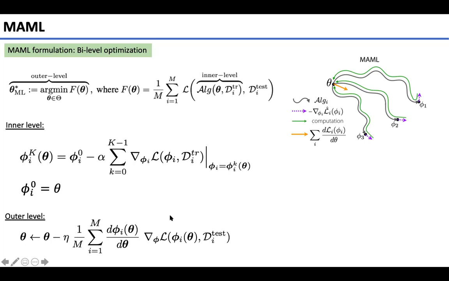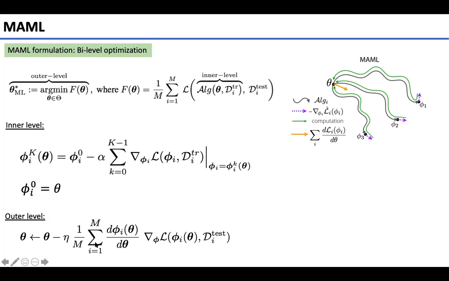It's just one SGD step, where of course here we need to take the gradient with respect to the meta model, but the local model is already a function of the meta model. Therefore, from the chain rule, we end up having this formula. This is the gradient of the local model with respect to the meta model, times the gradient of the local loss for task i with respect to its local model.